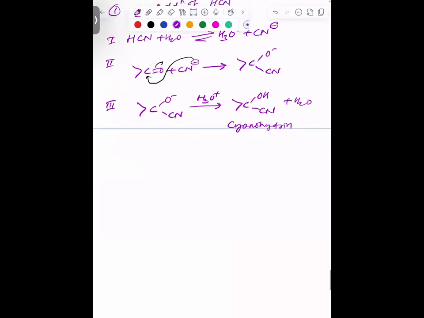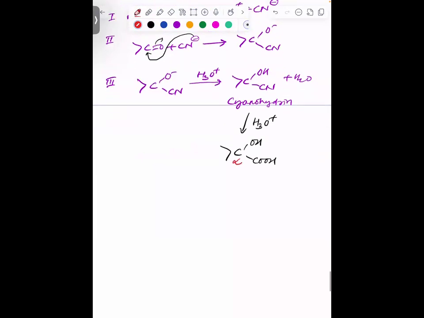Okay. Now, students, when the cyanohydrin undergoes hydrolysis, the CN group will be hydrolyzed to give carboxylic acid. If carboxylic acid is the functional group, then this position is the alpha position.